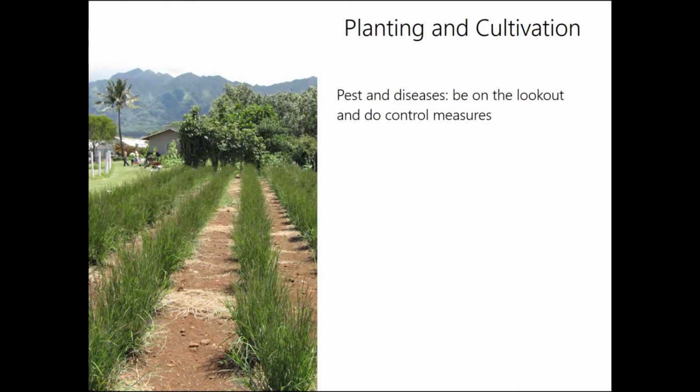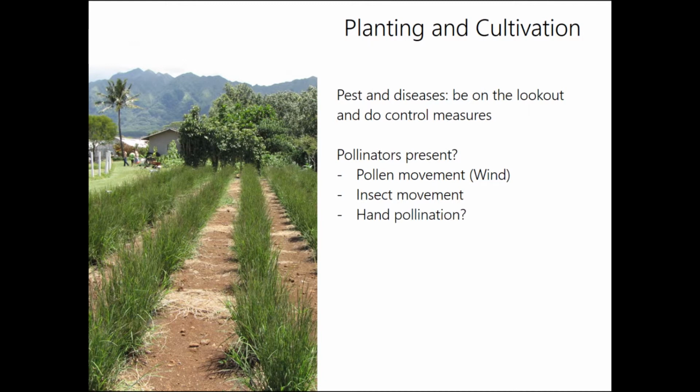If you have any pests and diseases, make sure that you have control measures to manage them. If pollinators are present, maybe your species is wind pollinated, so take that into account. If there are any insects that would pollinate your plant, take that into account as well. If the pollinator is dead or non-existent, then maybe do hand pollination.